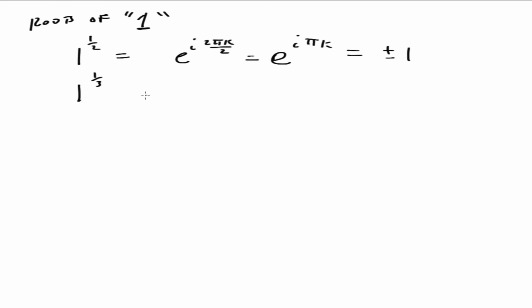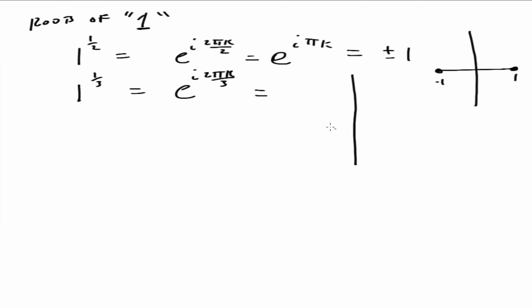Now 1 to the 1/3. I'm going to draw a little axis. We see the two roots of the square root are, of course, 1 and minus 1. Now e to the i 2 pi k, and we're going to divide by 3.